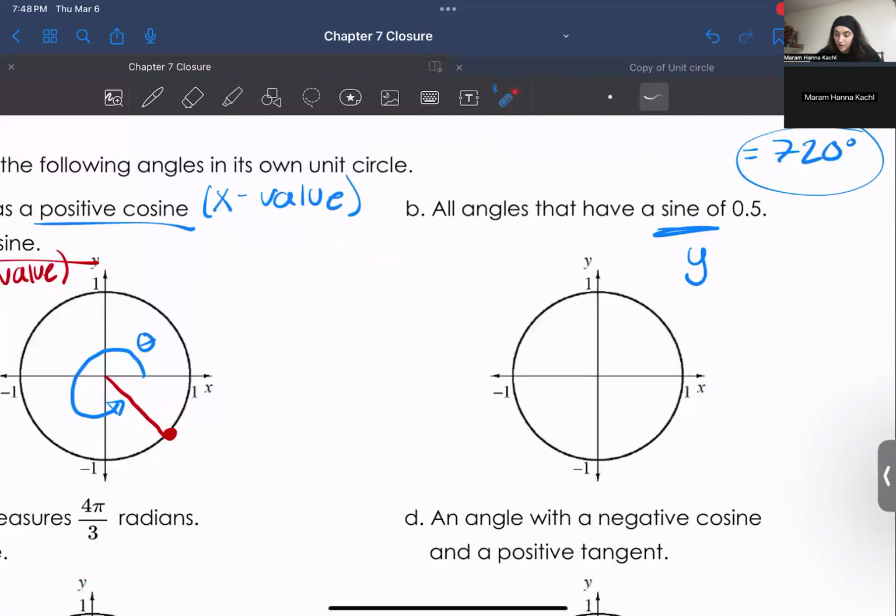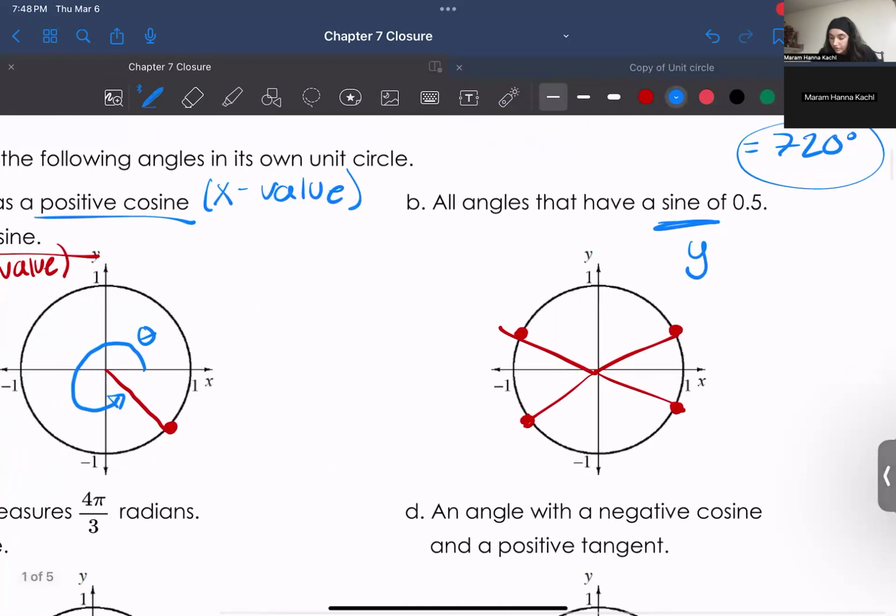So what does that look like on this blank unit circle? You can honestly just imagine where they would be and try to draw it to the best of your ability. What we really care about is these are the 4 spots that it happens in, but the angle that we can get it there to be is what's a little more important. So if I'm starting at 0 degrees, I would point to this first one. That's one of my thetas.